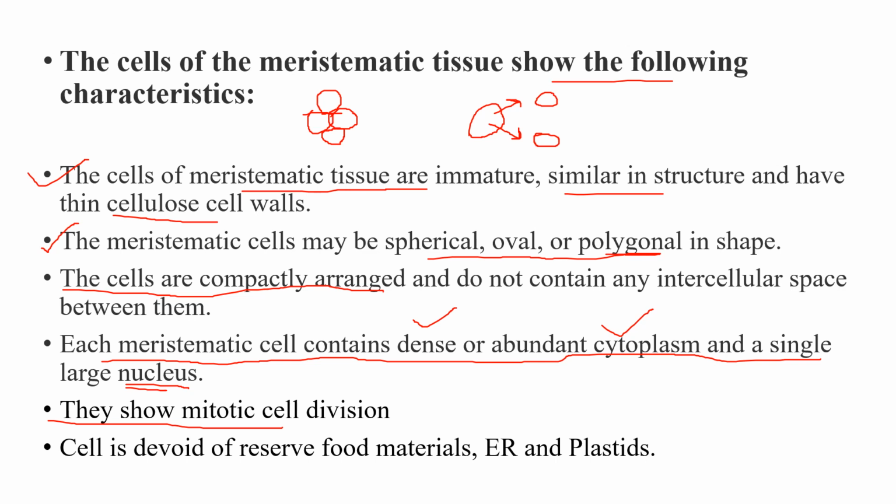Then the cell is devoid of any reserve food material, and endoplasmic reticulum and plastids are also absent in meristematic tissue.